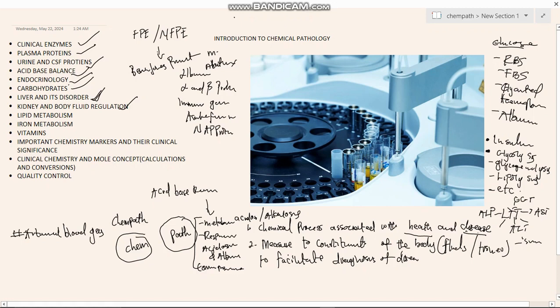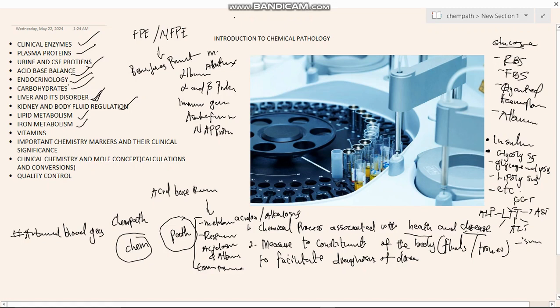So after that, we will talk about lipid metabolism as well, how all these lipids are synthesized: the triglycerides, the very low density lipoprotein, the low density lipoprotein, the chylomicrons. We'll go deeper into how they are synthesized and how they are regulated. Then we'll also come and talk about ion metabolisms.